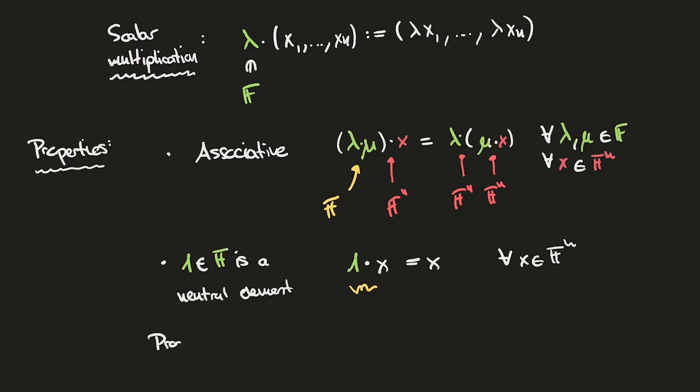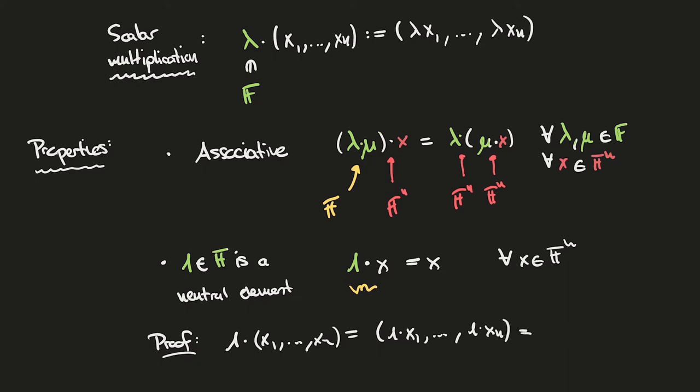We can give a proof of this property in one line. So if we take 1 times some element x1 up to xn, then by definition, this is just 1 times x1 and so on up to 1 times xn.